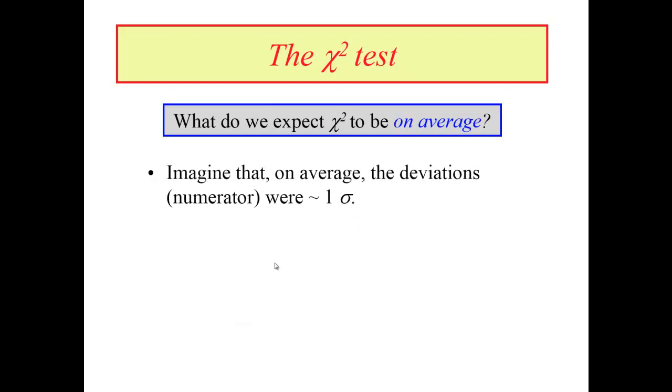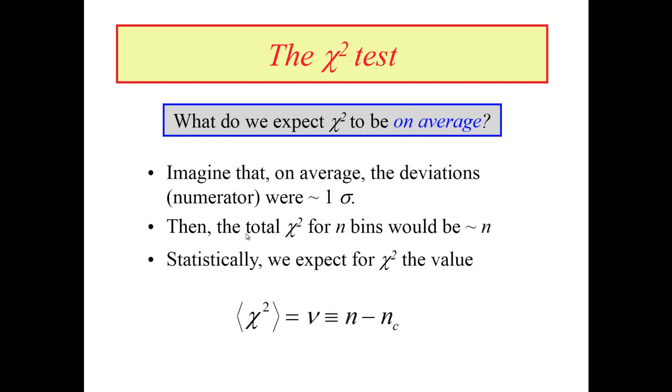So that's what chi-squared means, and let's try to figure out what we expect it to be on average when we average it over all those data points. So imagine that on average, the term in the numerator were approximately 1 sigma. If that were the case, then the total chi-squared for n bins would be approximately equal to n, the total number of bins, or the total number of possible values that we would get.